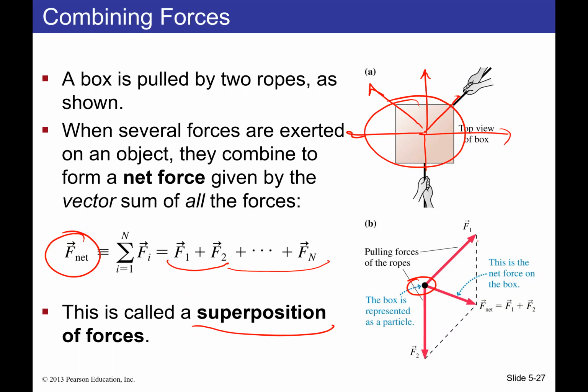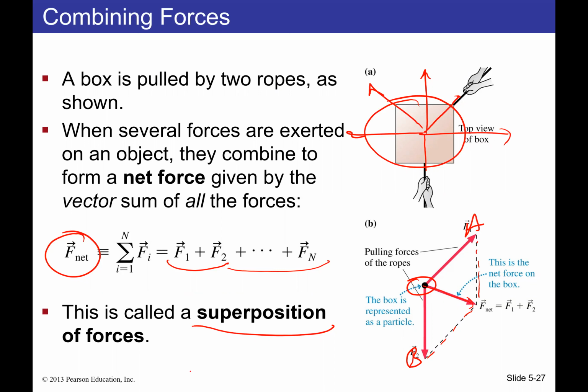You can see from here, let's say this is just two vectors. What we did here is construct a parallelogram, and we found that F net is nothing but the resultant of those two vectors. That means the vector sum of F1 and F2 is F net, which previously we would have called A and B, and then found the resultant.